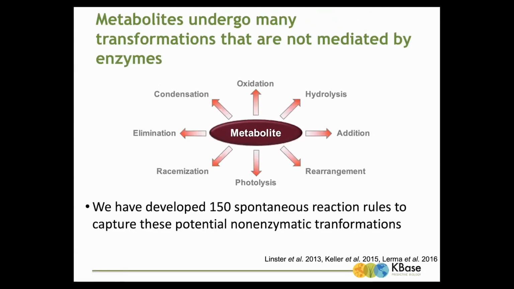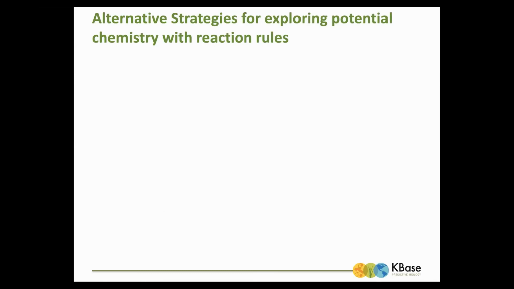For spontaneous chemistry, we've also developed rules, and this is work my lab does in collaboration with Andrew Hansen and Oliver Fiehn. We have 150 spontaneous rules learned from spontaneous reactions in various databases. So we look at those spontaneous reactions and we develop generalized rules that represent the chemistry that happens with those spontaneous reactions. So we have rule sets for both spontaneous and enzymatic rules.